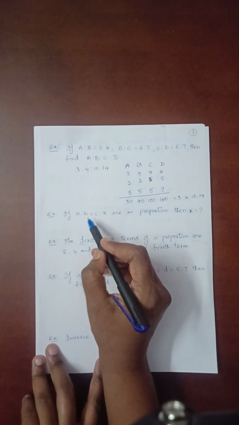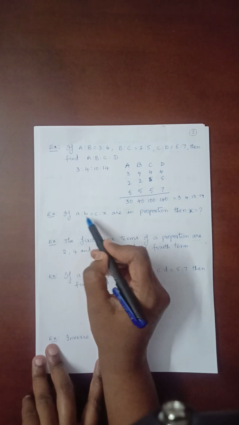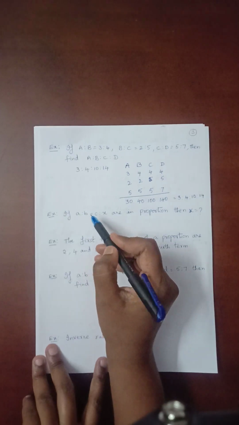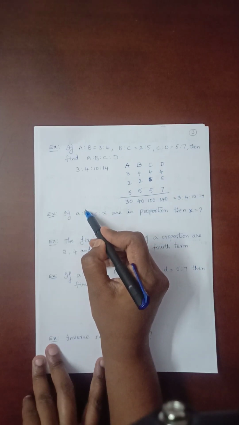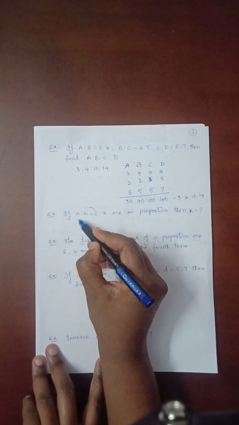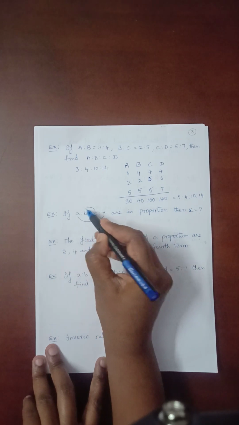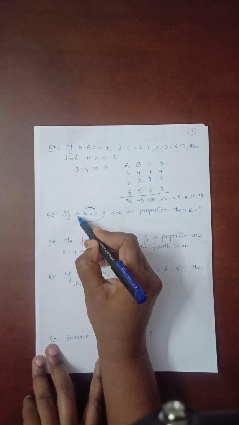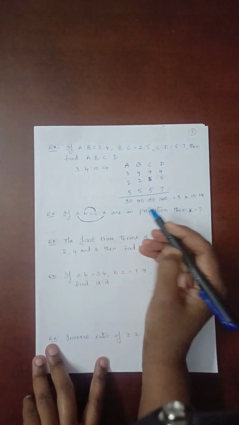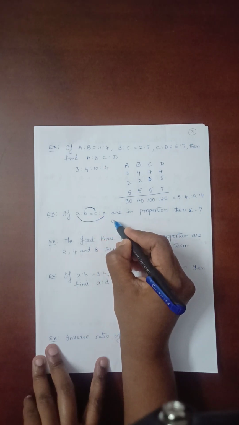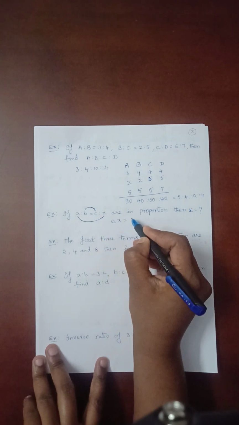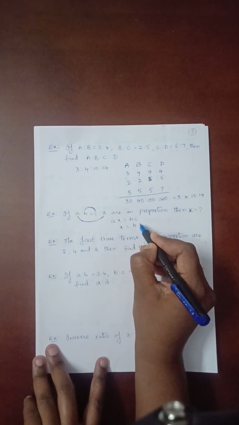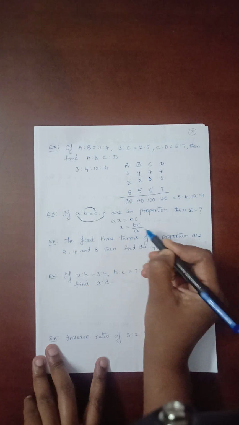Whenever they are saying one ratio equal to the other and they are in proportion, the meaning is product of the means equal to product of the extremes. That means AX, product of extremes equal to product of means. Then what is X? X equal to BC by A. This is the formula also.